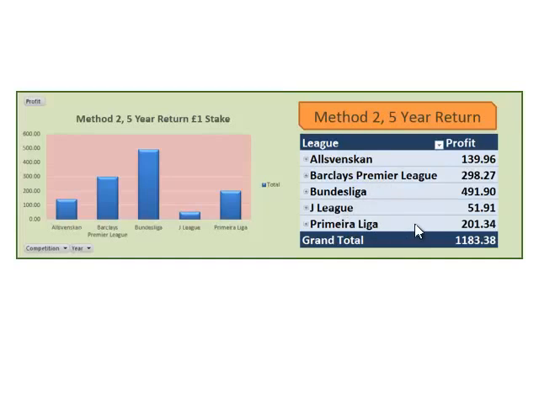So you can see method 2 over the 5 years has returned close to £1,200 if we were betting £1 per bet. Not a bad return there. You can certainly see the German league is going very well indeed in both method 1 and method 2.